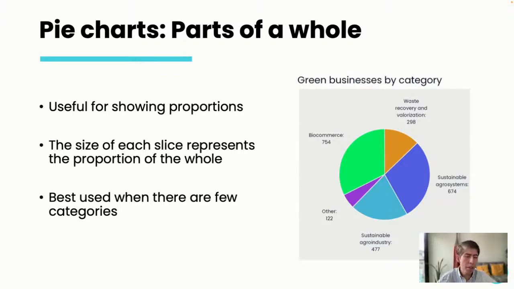So a key recommendation: it's not like don't use pie charts ever or use them every time, but rather use them especially in cases where there are a few categories, so that it actually lets you see the most common or the least common proportions.